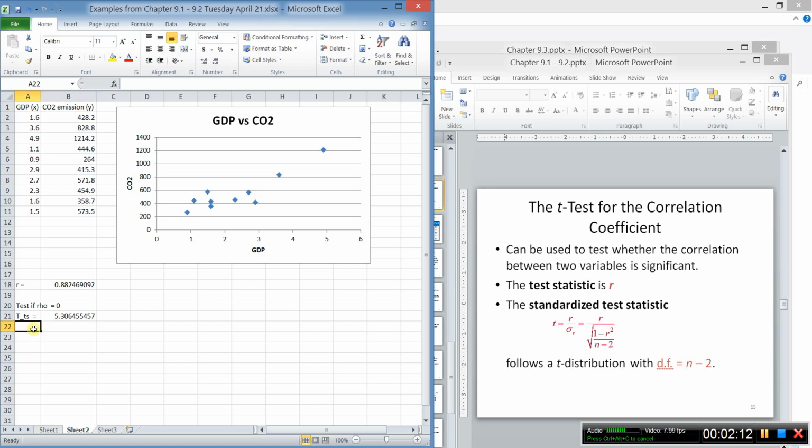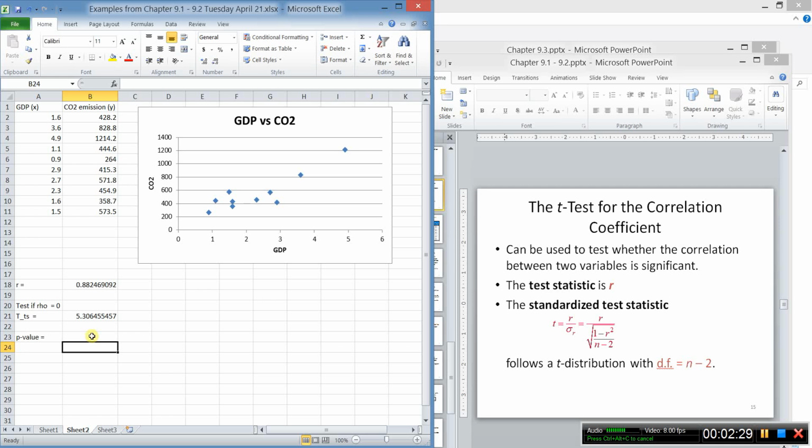Next is to calculate the p-value. We have a two-sided test, so we're going to be doing 2 times the p-value of a one-sided test, and this is a t-distribution, so I'm going to be using t.dist.